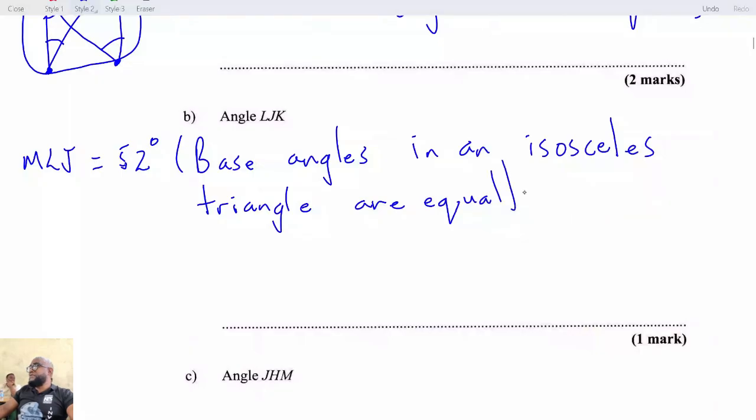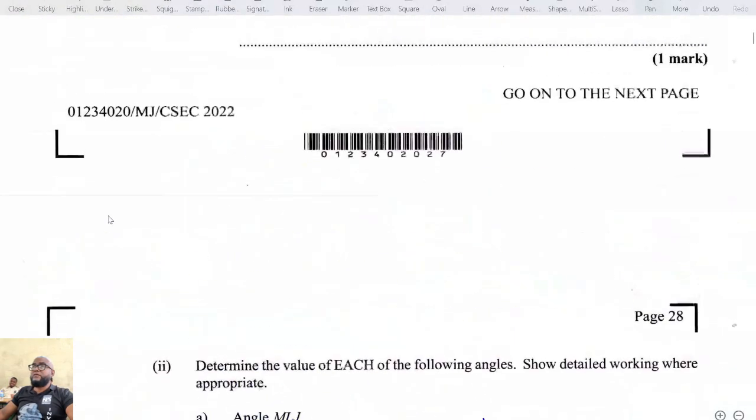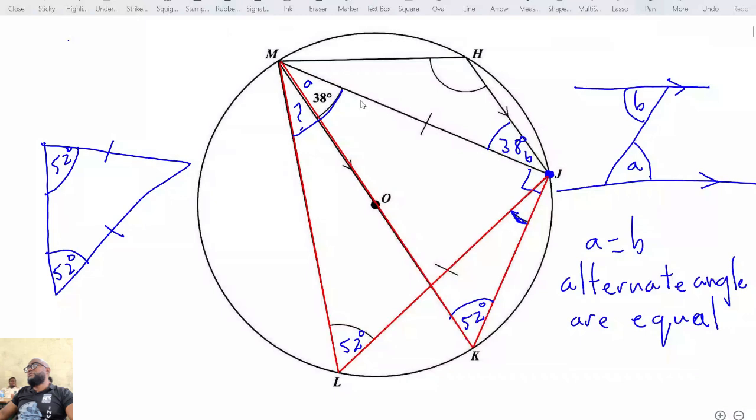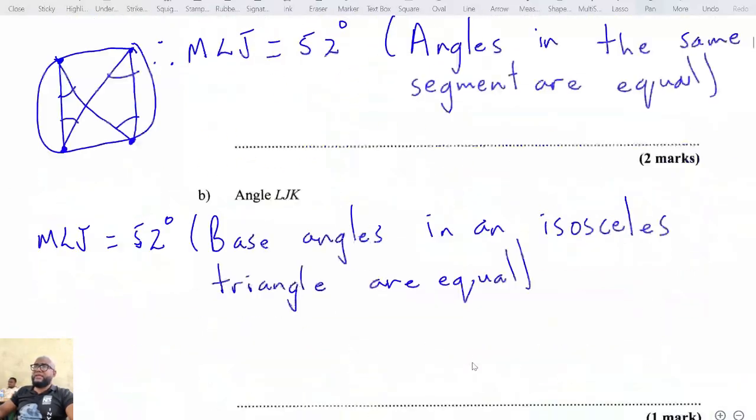That's the first theorem we engaged. Then the next one, well, not a theorem, that's just a working. So to find LMK, it will be 52 minus 38. MLK.